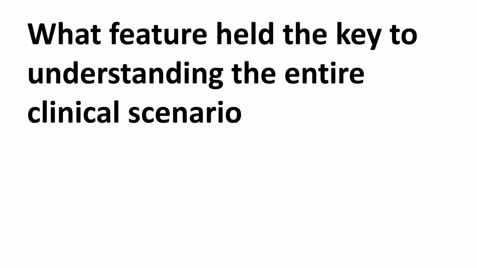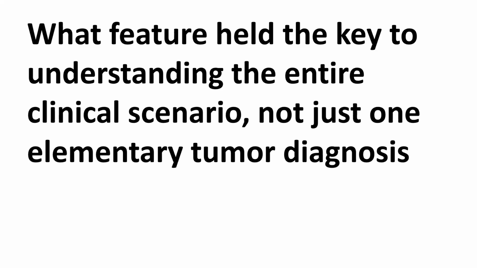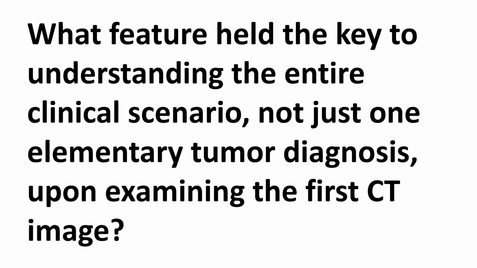All right, now listen, here's the meat. This has been an interesting case. It's dramatic, but there's a principle which is more important than dramatic images. What feature held the key to understanding the entire clinical scenario, not just a diagnosis like meningioma or sarcoma, understanding the entire scenario, not just one elementary second grader tumor diagnosis?